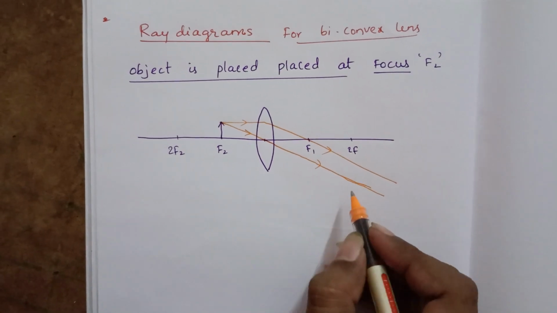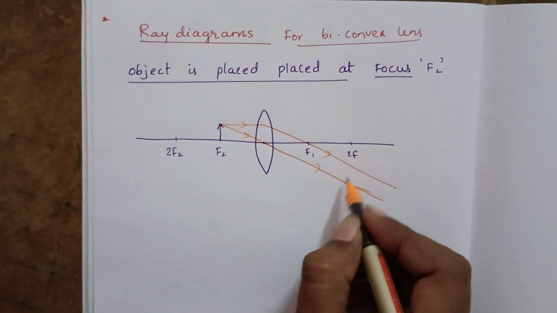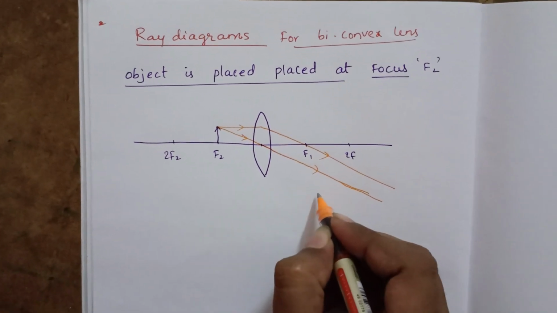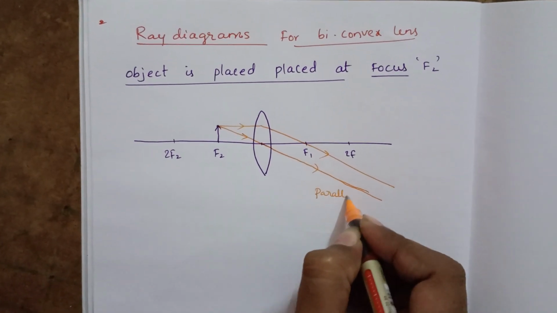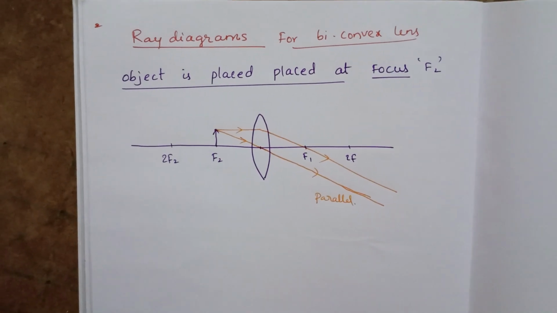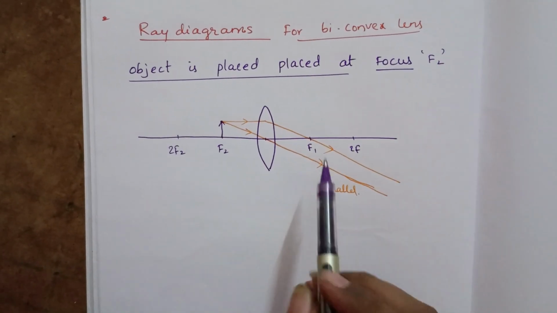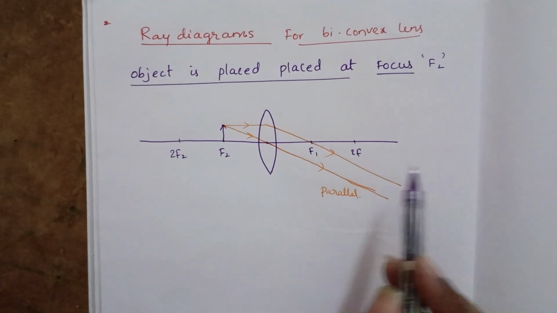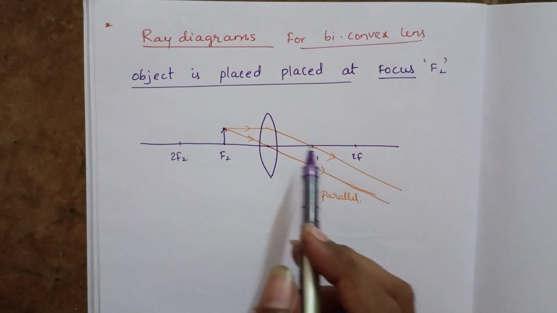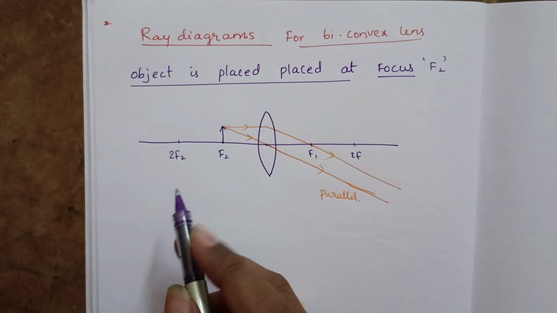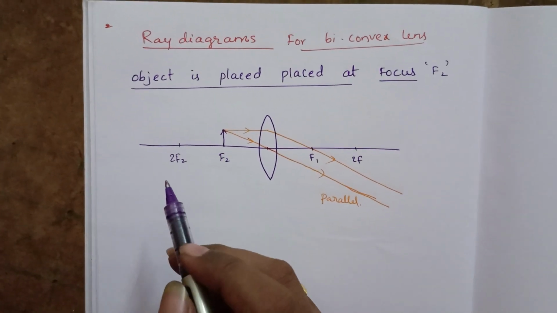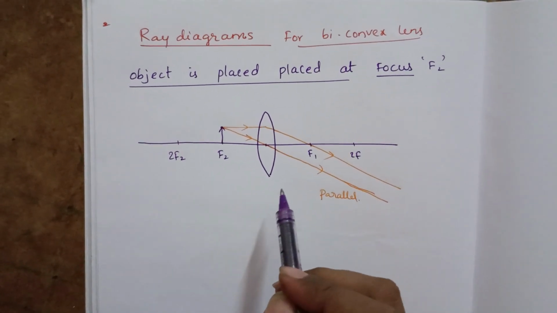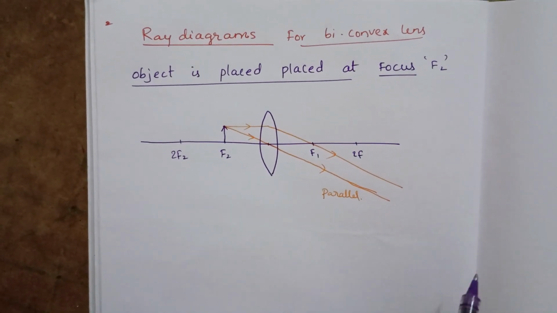Now these two rays appear parallel to each other. These are two parallel rays. Whenever rays are diverging, they are moving away from each other, so we extended back and they met at one point. Now here they are parallel. Parallel rays, if you extend forward, they won't meet.